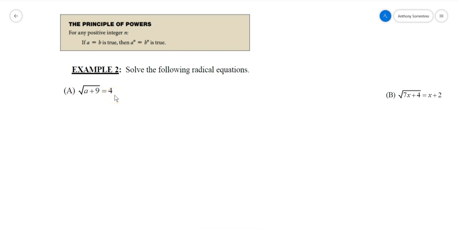Now, first of all, one of the things to be on the lookout for, a possibility of extraneous solutions, does come up every once in a while. Remember that a radical, a square root symbol, means the positive square root only. So if I have a radical equation set equal to a number that's not positive, automatically I'm going to say, well, there is no real solution for this.